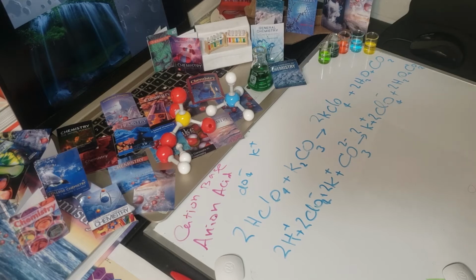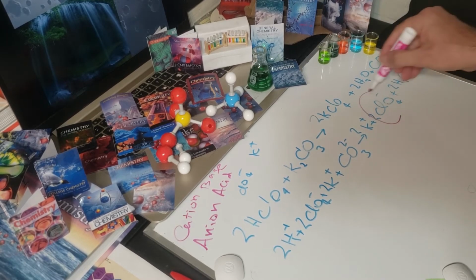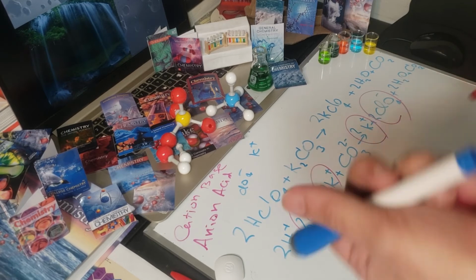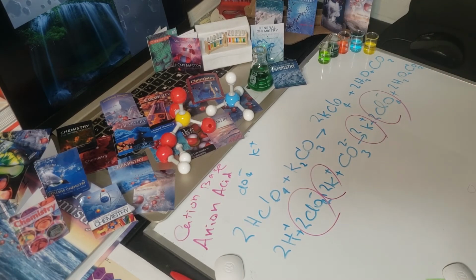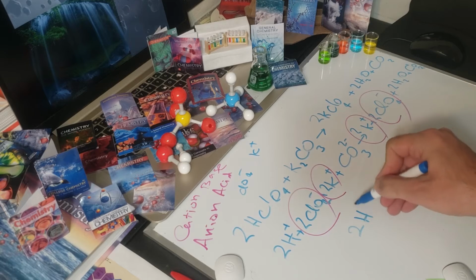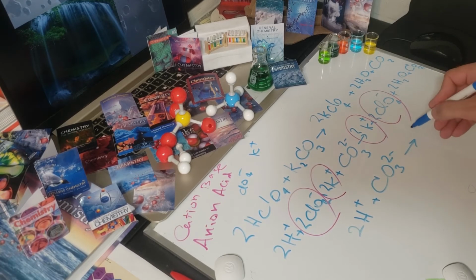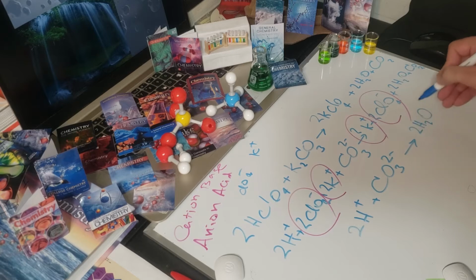The rest are balanced previously. So the chlorates, 2 of them, and the potassium are the same both on the reactant and product side, so it becomes 2H plus and CO3 double minus, giving you 2H2O and CO2.